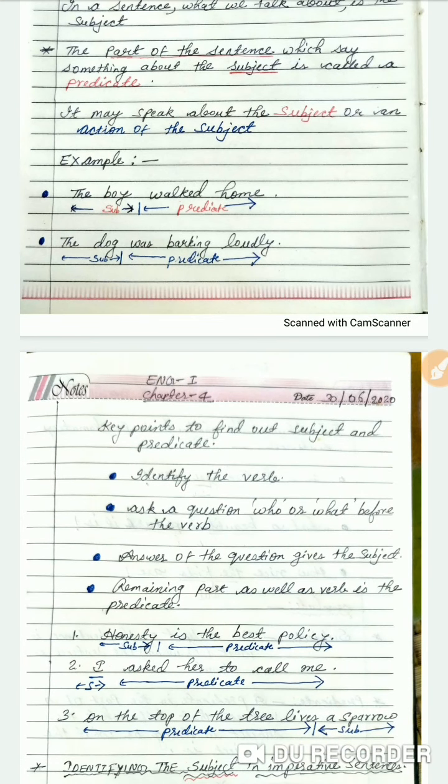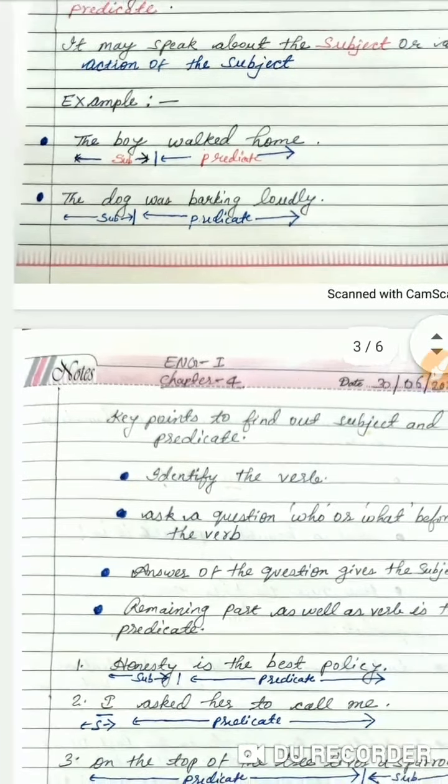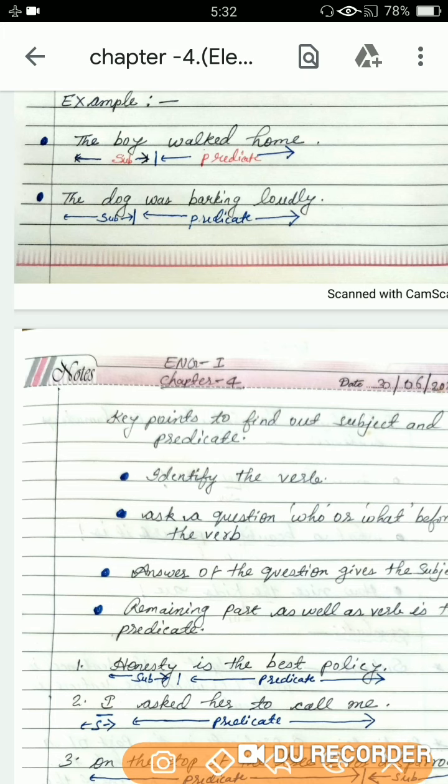Suppose we take an example here. Our first example, the boy walked home. So in this sentence, we'll find out the verb. The verb here is walked. So, if you ask the question, who walked?